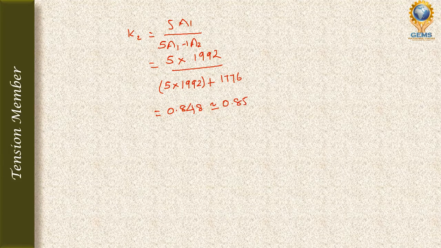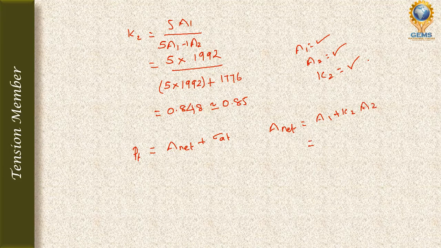So now we know A1, A2, and K2 also. So now we go for the tensile strength of the member, PT. Tensile strength of the member is equal to the area of the net into sigma AT. So what is the area of the net? A net is equal to A1 plus K2 A2. So it is 1992 plus, what is the K2 value? It is 0.85 into 1776.